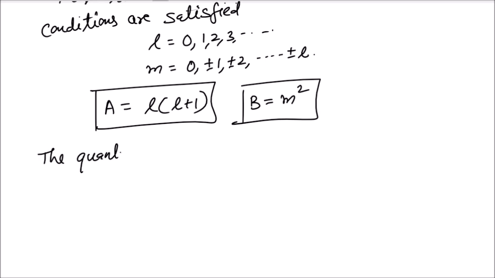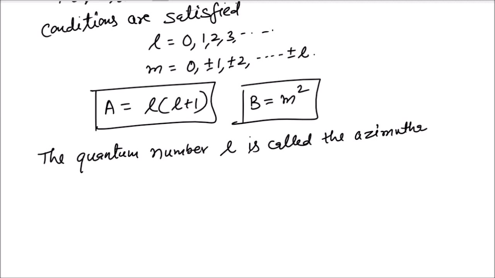And quantum number L is called the azimuthal quantum number, or subsidiary or angular quantum number.